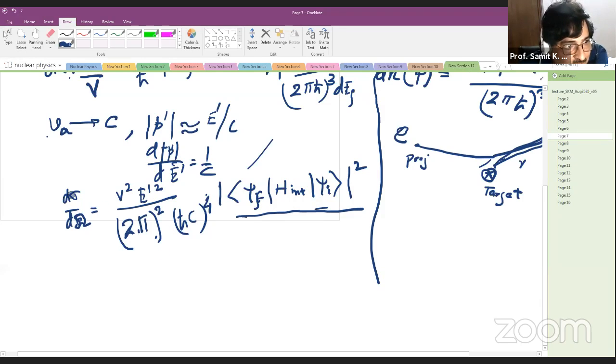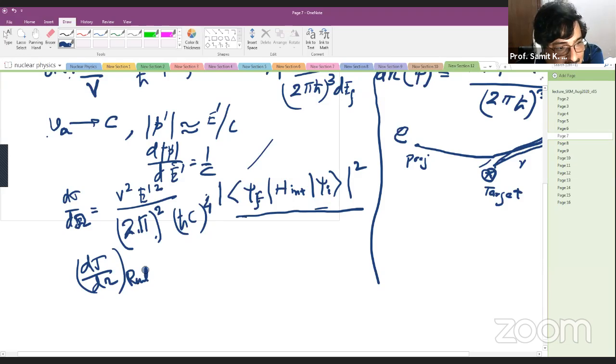The cross section you get from here, for a pure spherical system, is the Rutherford cross section, or the classical cross section.